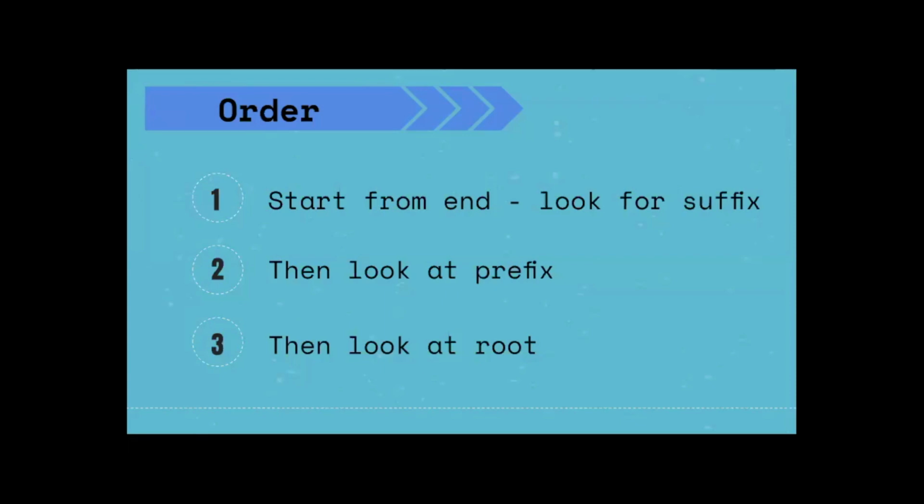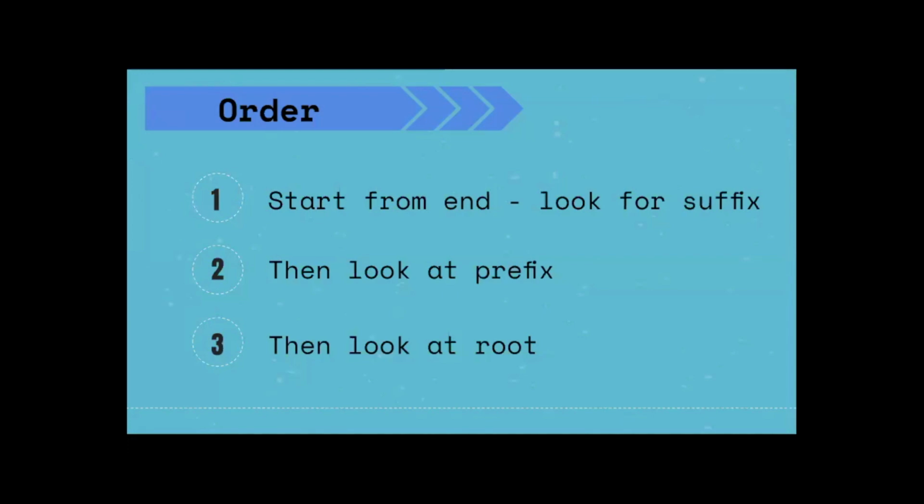Okay, so order is super important when you're reading medical terms. You always start from the end and look for the suffix. When you start reading medical terms and you take the medical terminology class, you will kind of have an eye for it. You'll understand what a suffix is, what you're looking for. Even in English, we have suffixes, we have prefixes, we have roots.